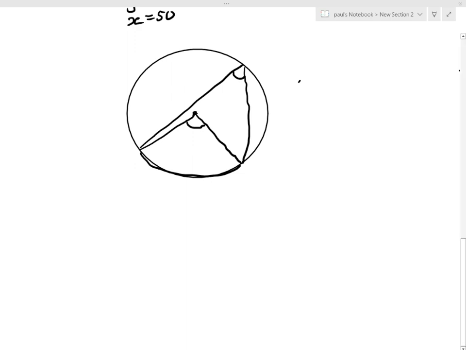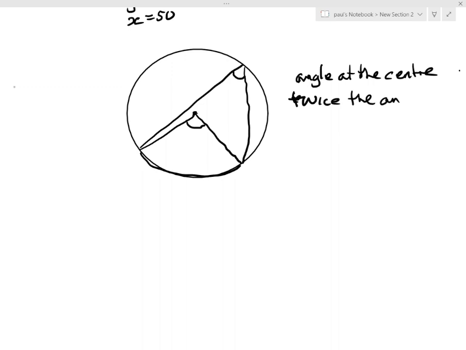So the rule for this one is that the angle at the center is twice the angle at the circumference.